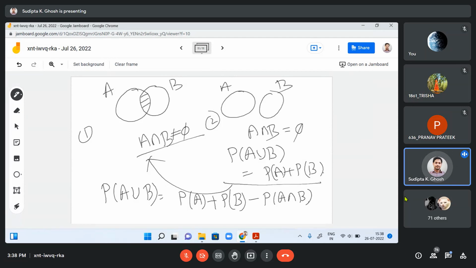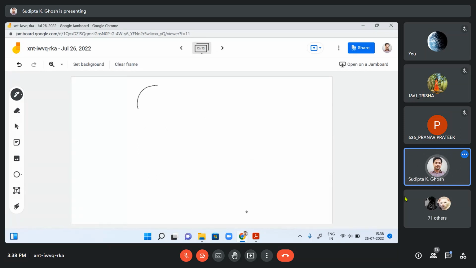Now I am doing the proof by theoretical method. See the proof. A and B, suppose. That is the intersection part, A intersection B, or I can write AB. I mentioned A intersection B means AB.